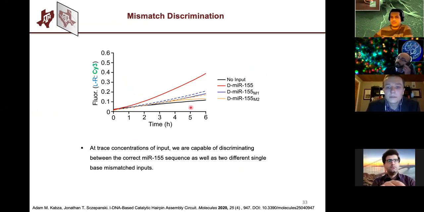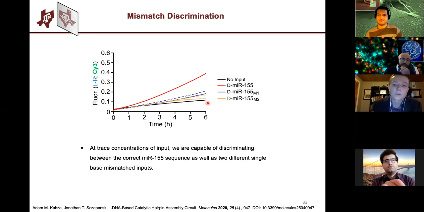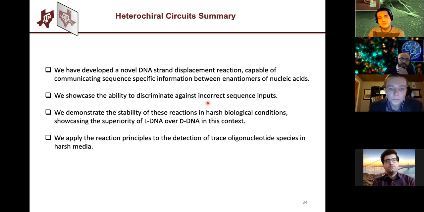We see no activation of the circuit, or basically none, relative to just the background leak when no input is included. And this was also done in FBS with an L version of all of these things.